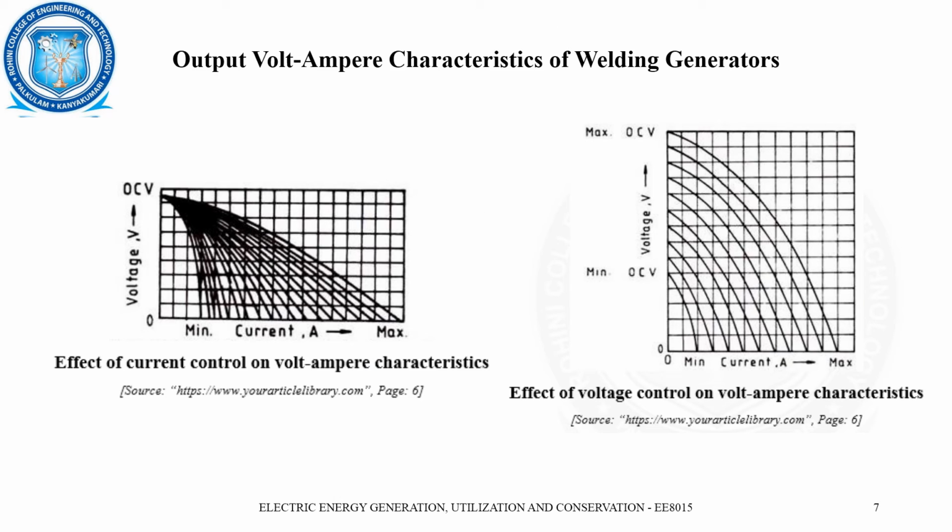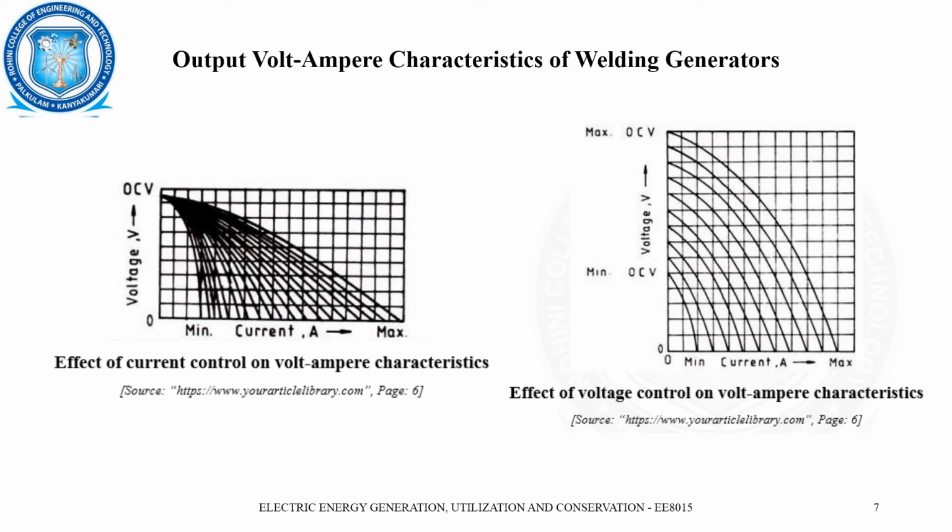Next, we can see the output voltage ampere characteristics. Here it is drawn between the voltage and the current. We can see that when current increases, the voltage drops. Whatever the value, the open circuit voltage clearly indicates that as the current increases, the voltage drop is very steep.